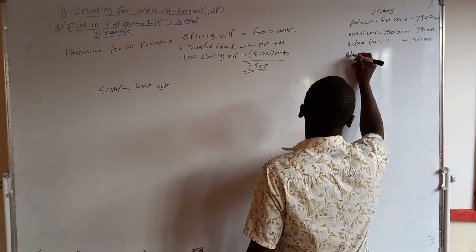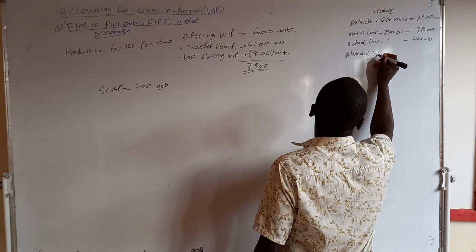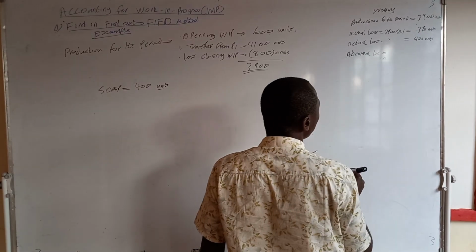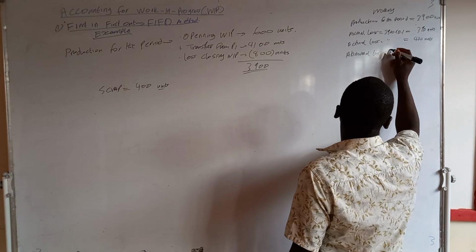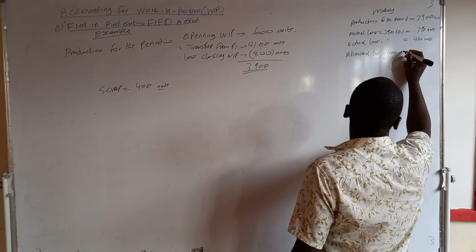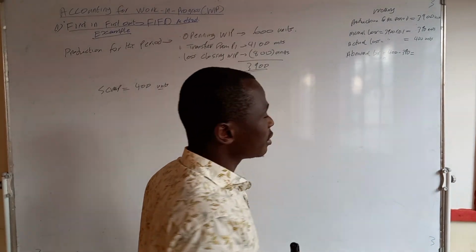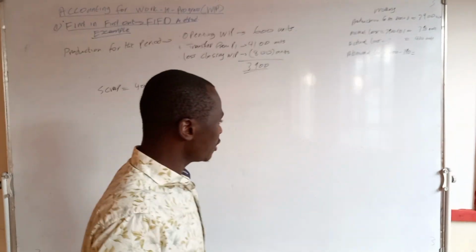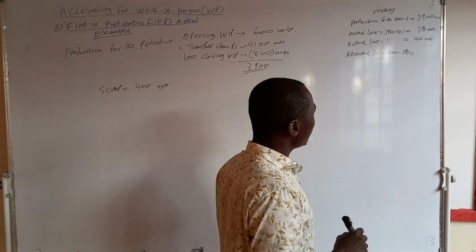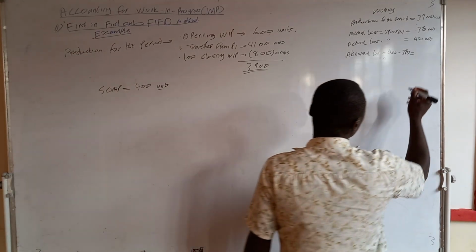Abnormal loss is the 400 units that we actually lost minus the 90 that we were expecting. So what do we have there? We ended up having an abnormal loss of 10 units.